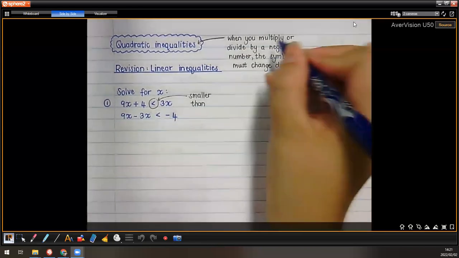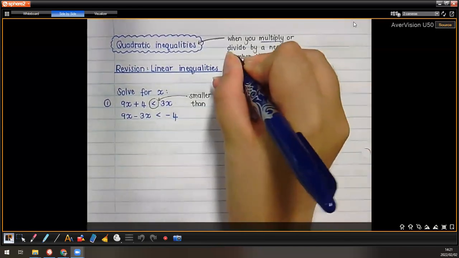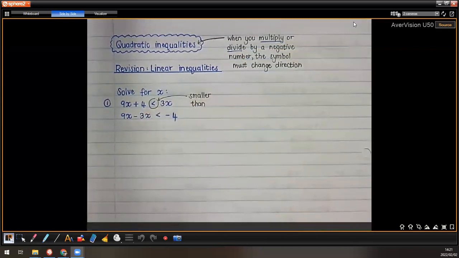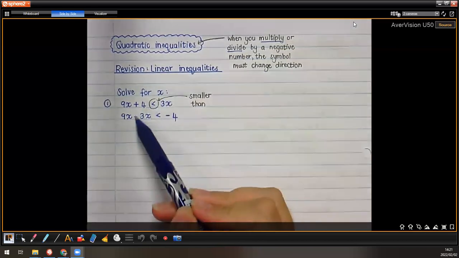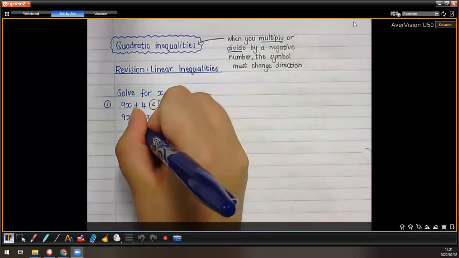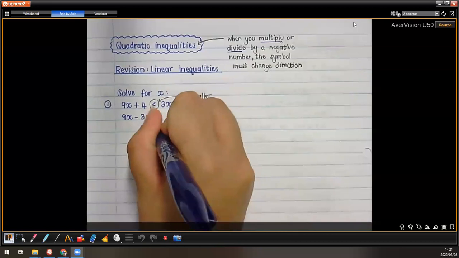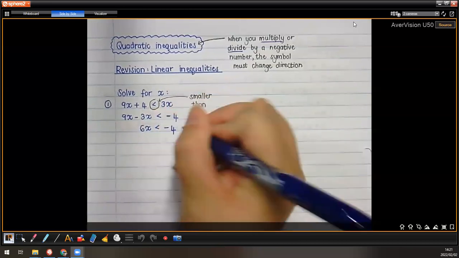Only when you are multiplying or dividing by a number that is already negative, and we'll do an example of this now. It's not when you change the plus to a minus. 9x minus 3x is 6x, smaller than negative 4.